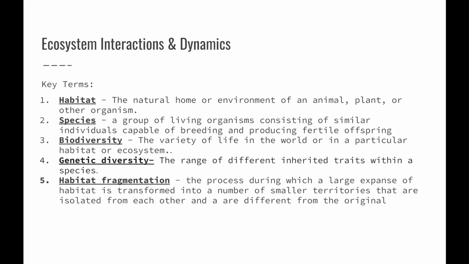An example of a species would be the human species, or the canine species, or the feline species. And so they have to be able to breed and produce fertile offspring.